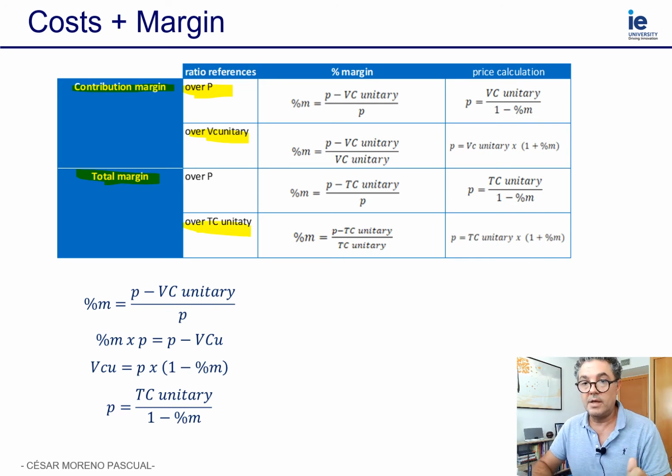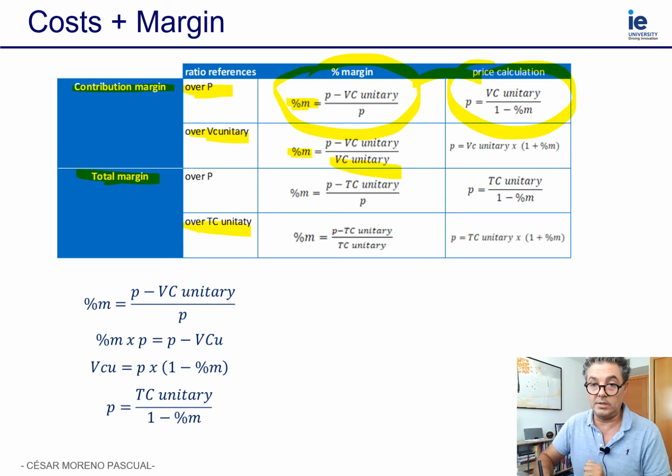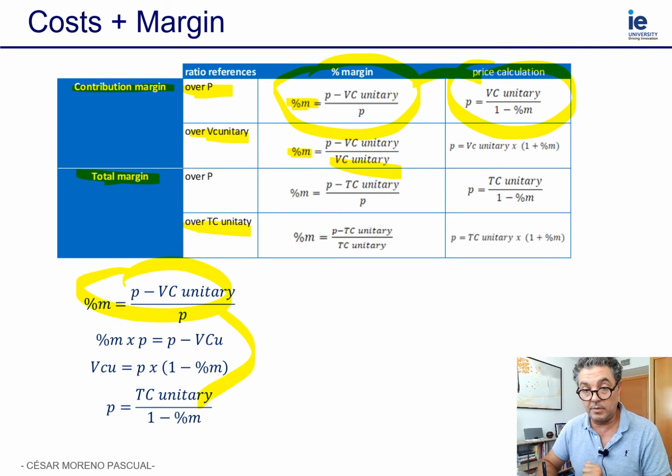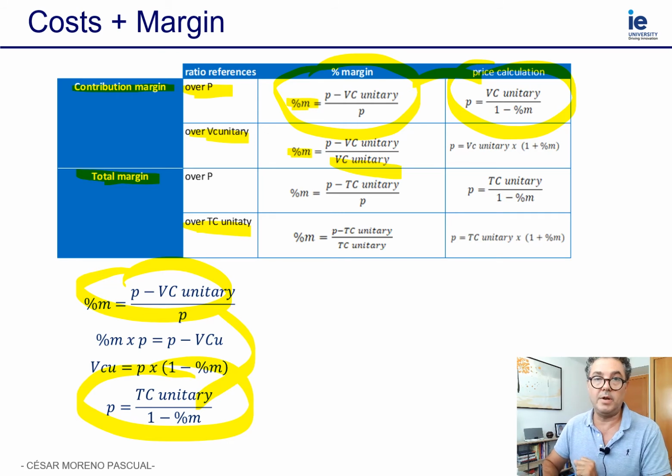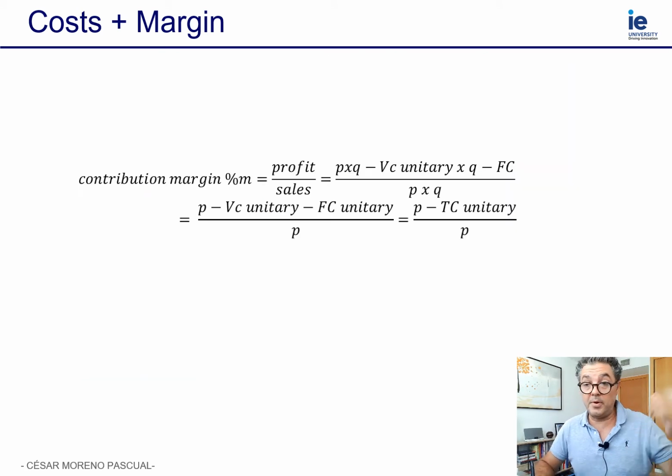In that sense, the margin defined over the price is completely different from the margin defined over the costs, like here. Defining the margin like this, you can deduce the price regarding that margin doing very simple algebra. Similarly in all the other possibilities. The previous margin definitions were related to unitary measures.